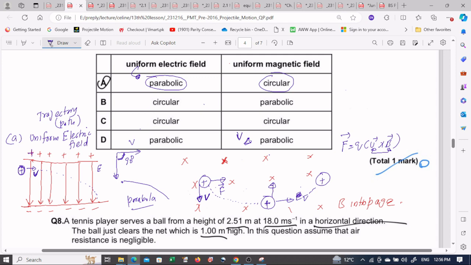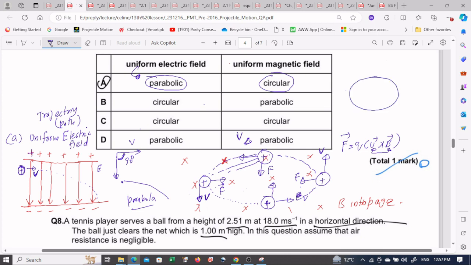Now the speed is upward, but the magnetic force is again inward. So it will follow this curved path and it will be here. Again its speed is towards the right side, but its magnetic force is toward the inside. It means the magnetic force provides the centripetal force, so this charged particle will follow a circular track. I did not make the exact circle, but it exactly follows the circular track.